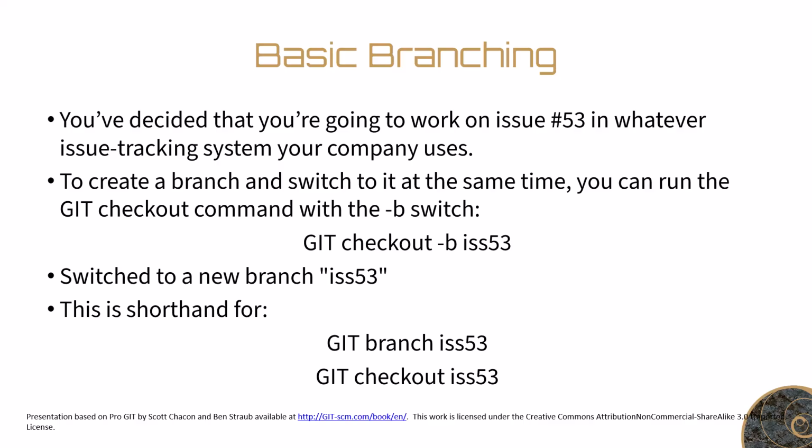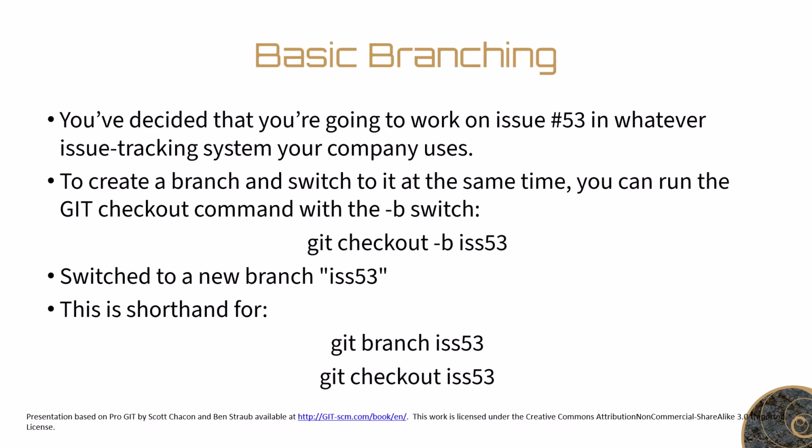So we've been creating a branch and then checking out. You can do it all in one line with this. So this is really more what you're going to want to do. You're going to do git checkout, and then -b for branch, and then your commit node.